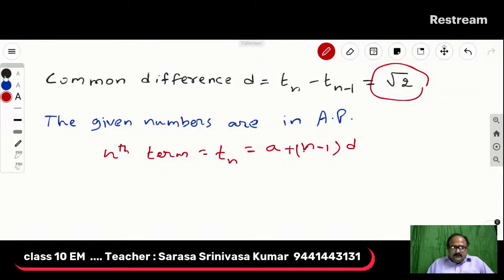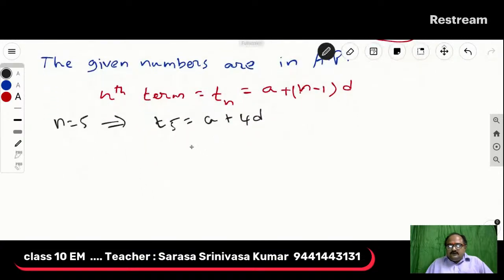So we write 5th term now, n equal to 5. That implies T5 equal to a plus 4d. This is equal to 3 plus 4, the common difference is square root of 2. It's very simple. It is over.